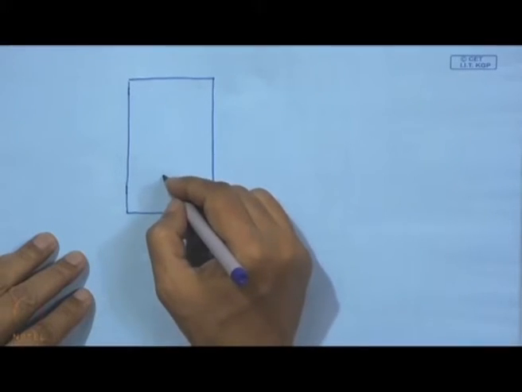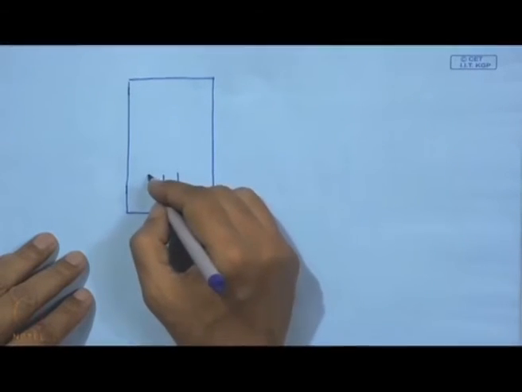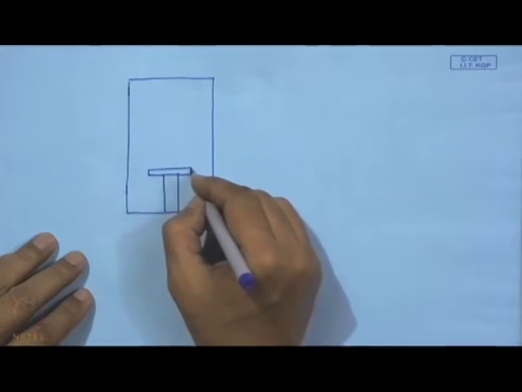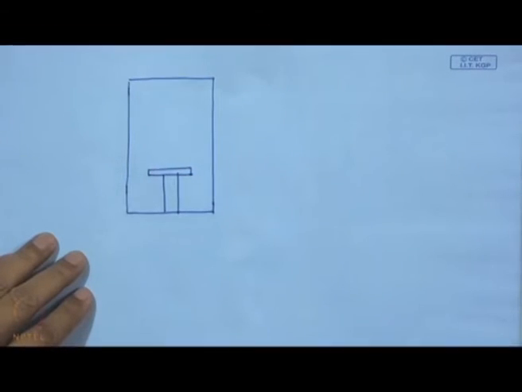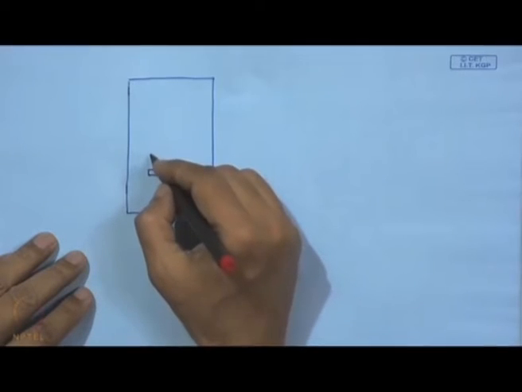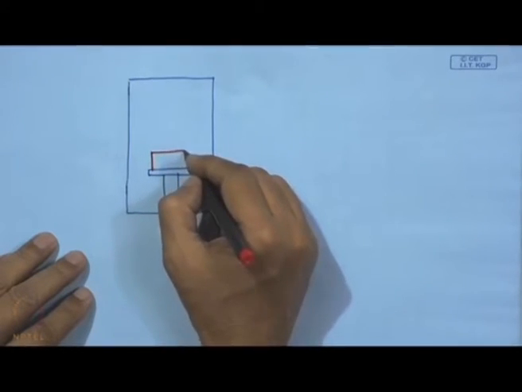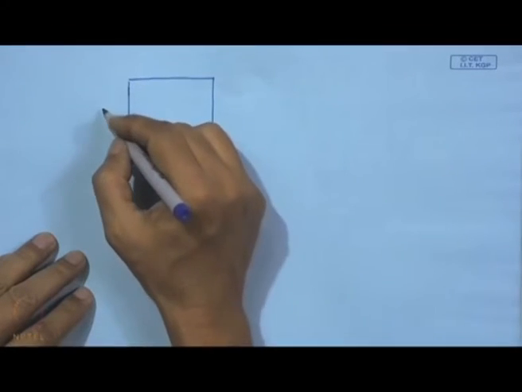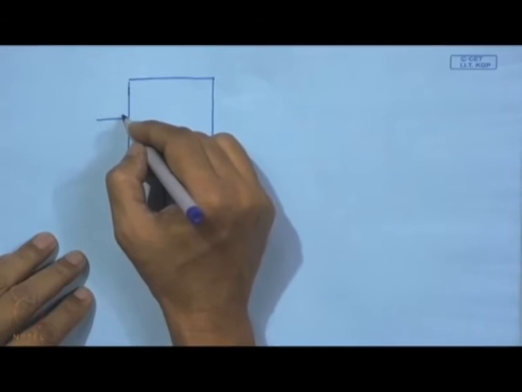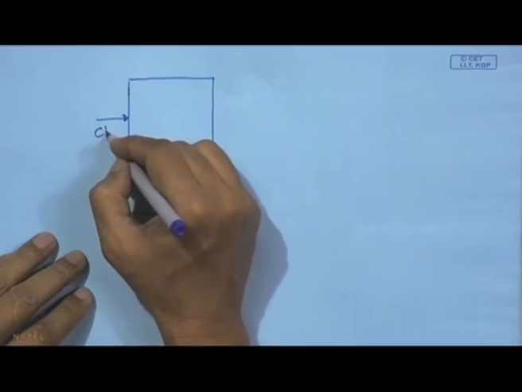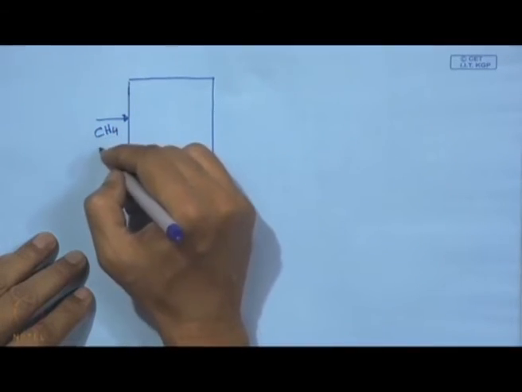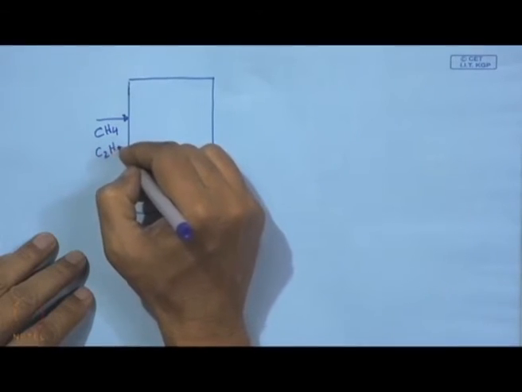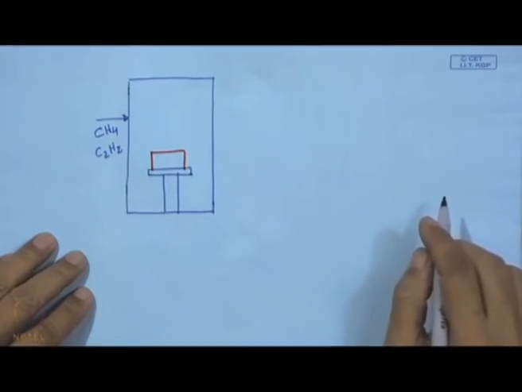In the vacuum chamber we have the table for supporting the substrate. This is the substrate material, and what we have here is a flow of methane or flow of acetylene. It is a source of carbon.